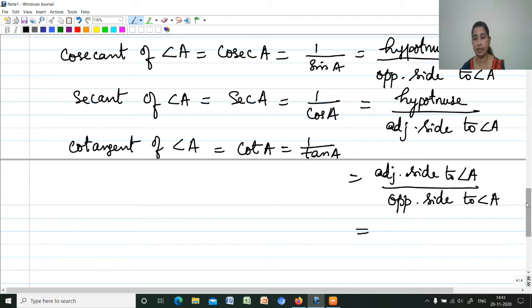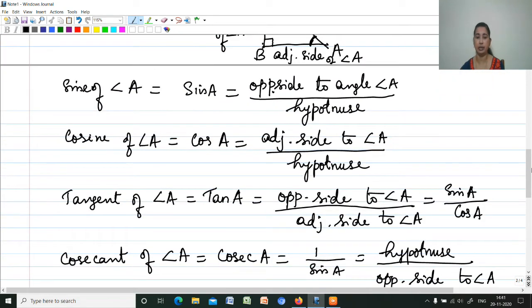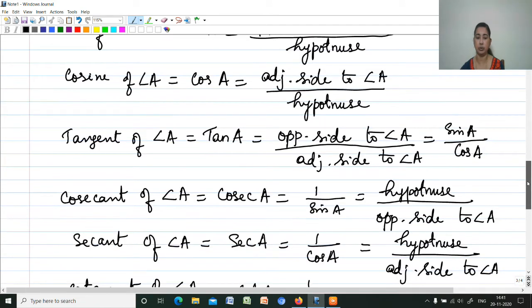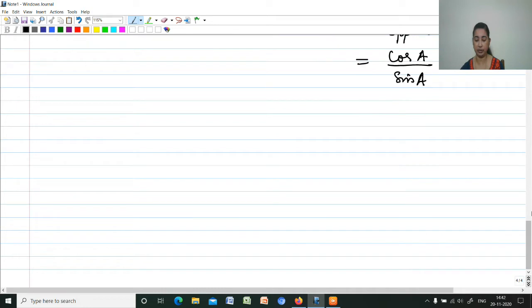Tan means it is sine by cos, so 1 by tan can be written as cos A by sin A. So these are the 6 trigonometric ratios: sine, cosine, tan, then cosec, sec and cot. Now using this we can do few problems.